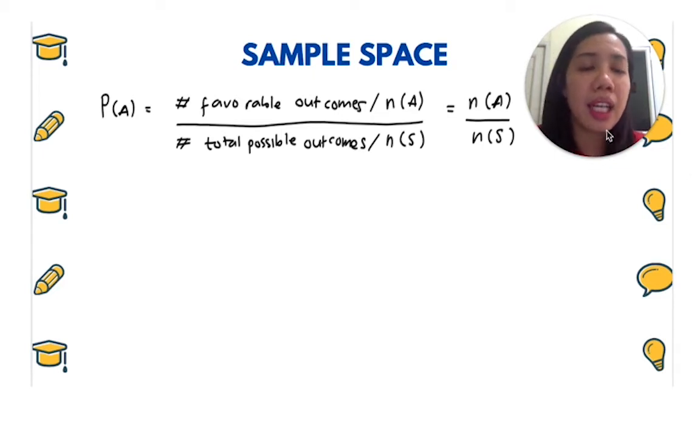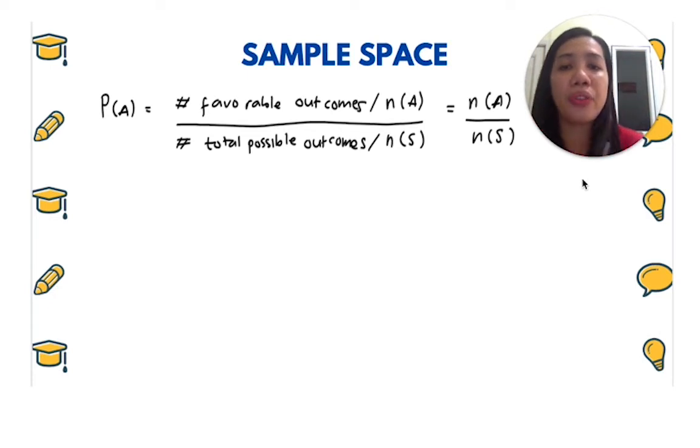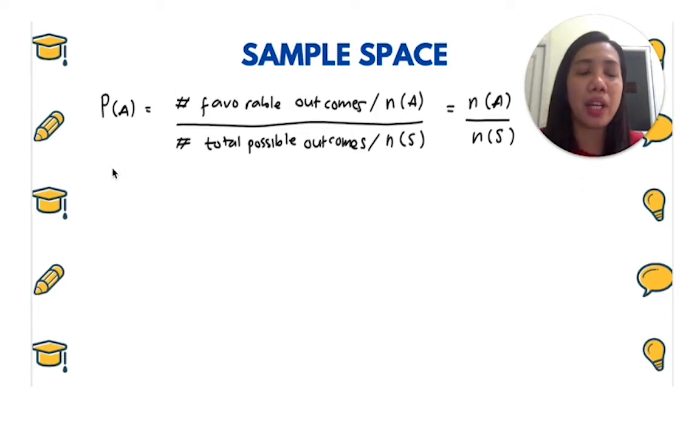We can write it short as N of A. Then we divide it by the number of total possible outcomes, which we can write as N of S. The number of total possible outcomes is what we call the sample space. So before we calculate the probability of event A, we have to understand how to determine the number of total possible outcomes.